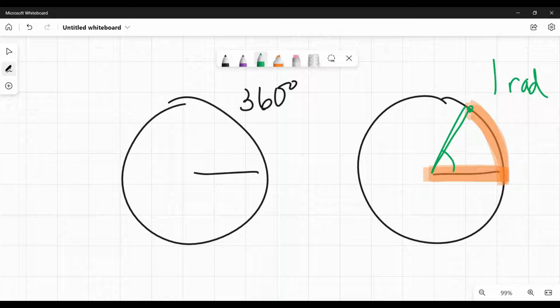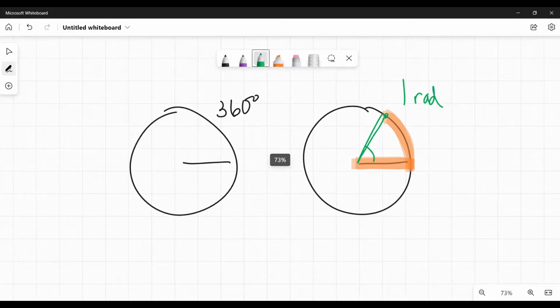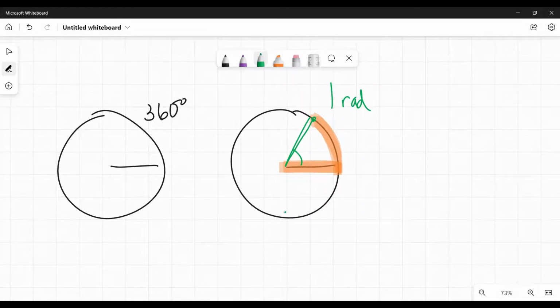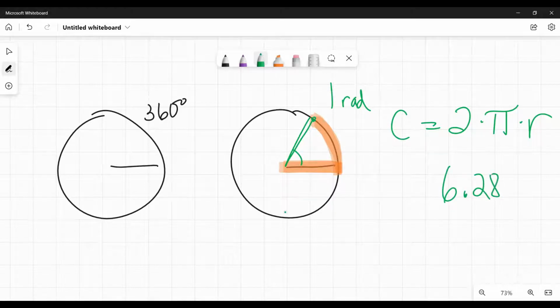Well, how many would there be in a whole circle? Let me zoom out. You can kind of see this from our formula for the circumference of a circle. Circumference of the circle is 2 times pi times the radius. If I rounded this 2 times pi, it would be about 6.28 times the radius.